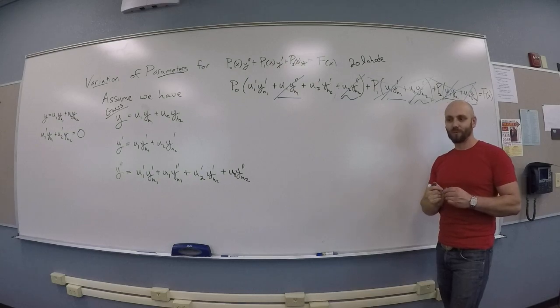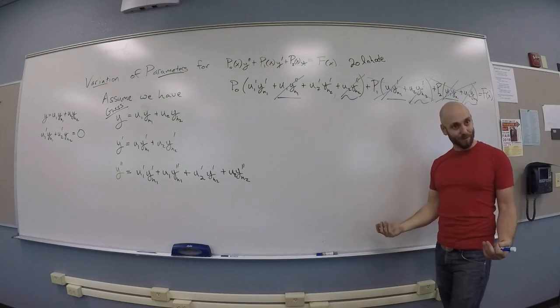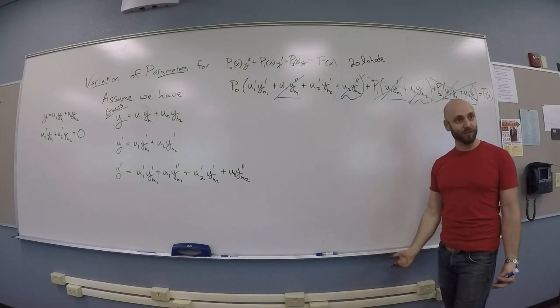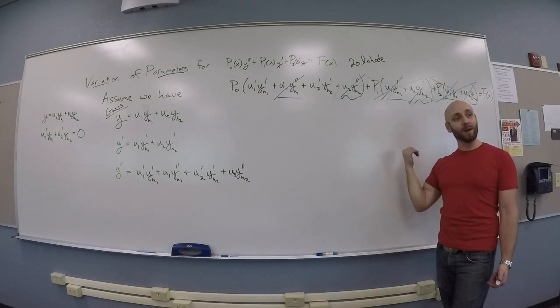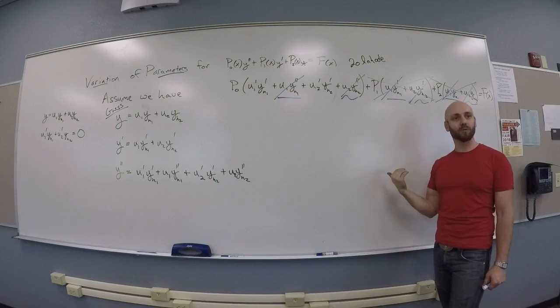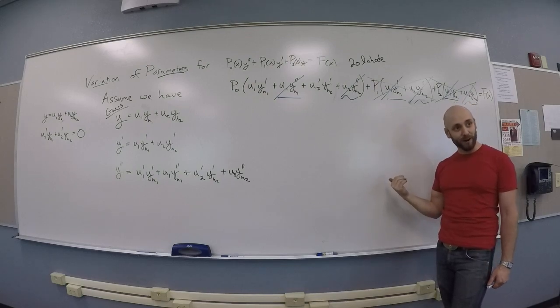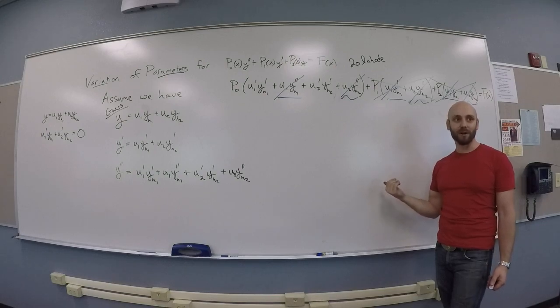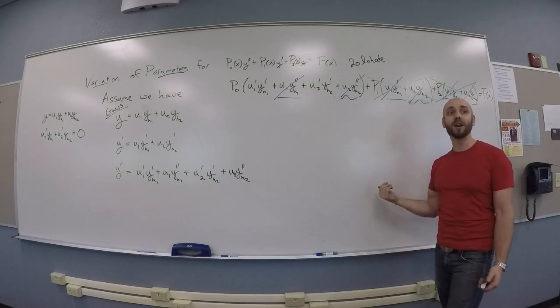I feel like it's a red flag. Why? Because with variation of parameters, remember, there's always a bunch of stuff that cancels. And it was way more stuff this time, but the reason is I had 2 derivatives. So there were going to be 3 terms that went away for each solution.